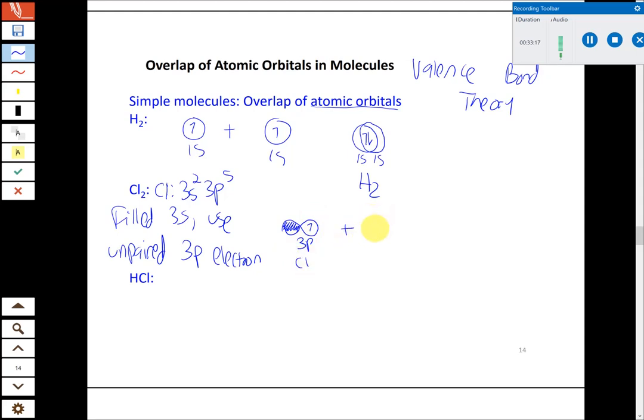And we're going to combine that with the second one that's also a 3p orbital with an electron in it. So each chlorine has one unpaired electron in its 3p orbitals. We're going to bring two of those together. We're going to overlap the two 3p orbitals. And so you're going to get two overlapped 3p orbitals.